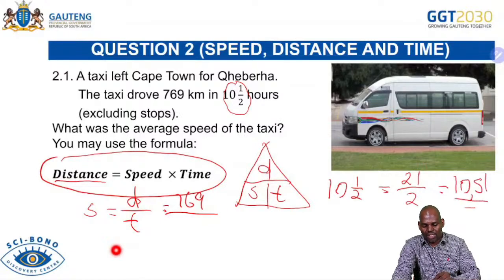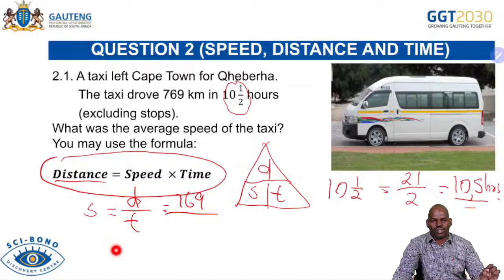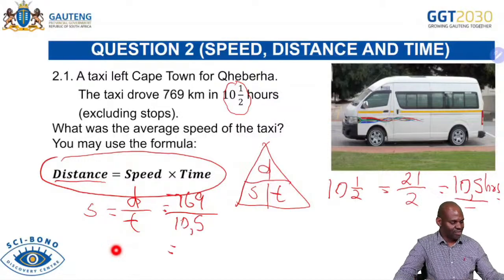So 10 and 1 over 2 hours is the same as 10.5 hours. Then it's much easier for you to calculate this in decimal form. So it's 769 divided by 10.5.